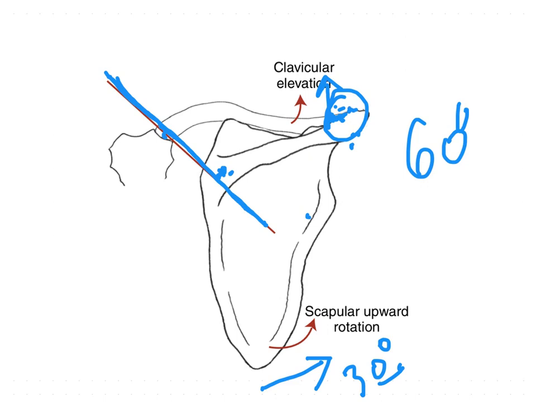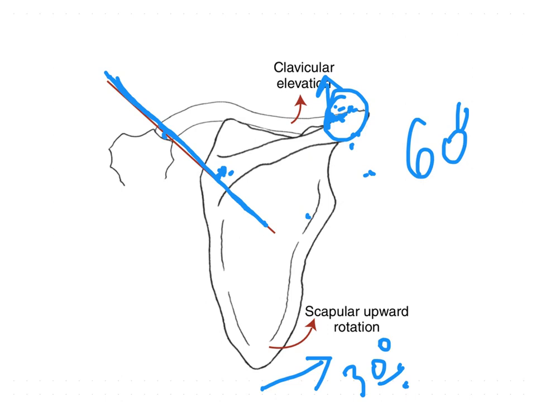When the coracoclavicular ligament becomes taut and the clavicular elevation ends, the scapula will have upwardly rotated through an arc of 30 degrees only. At that time, the humerus is going to elevate 2 times greater than this.